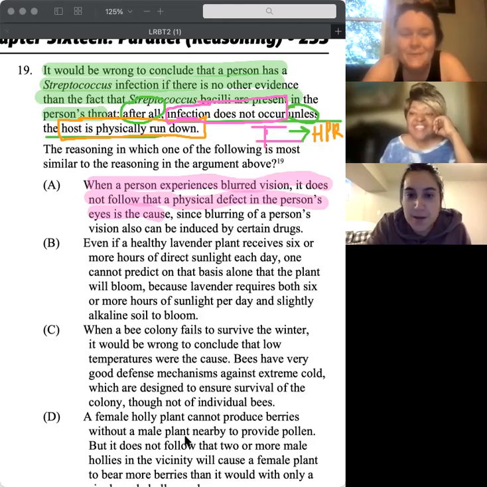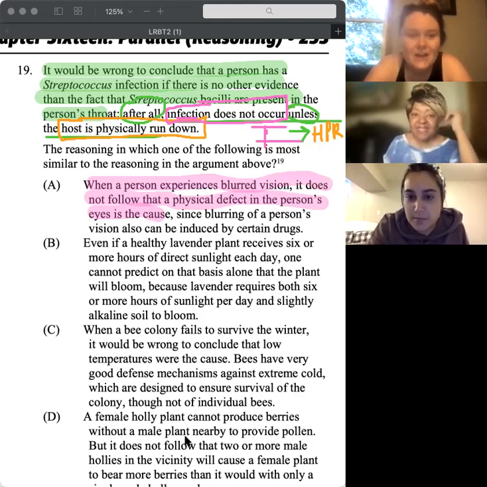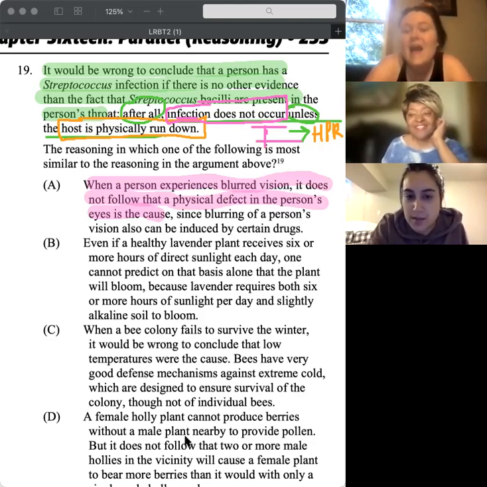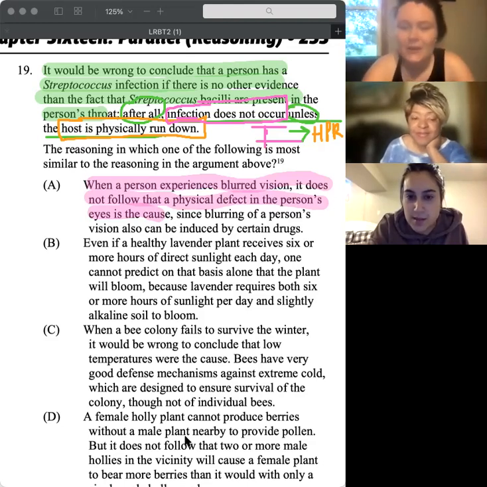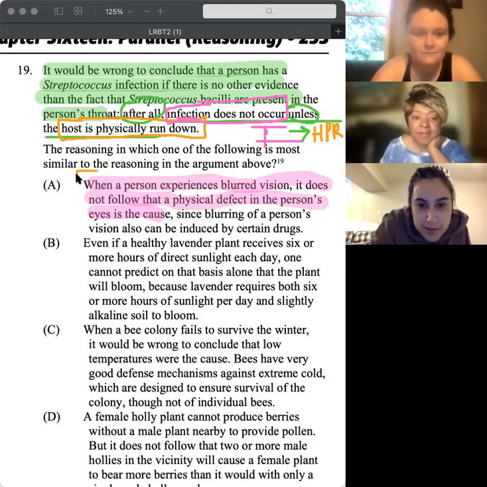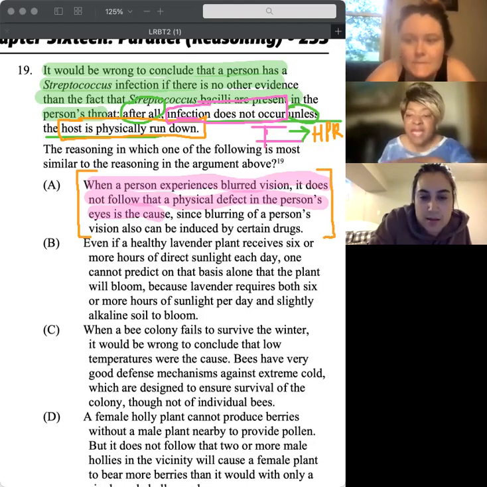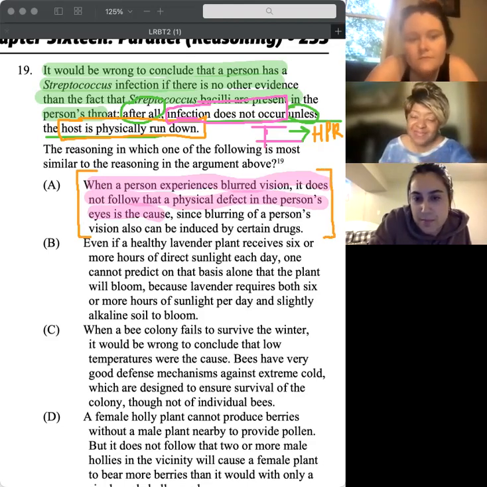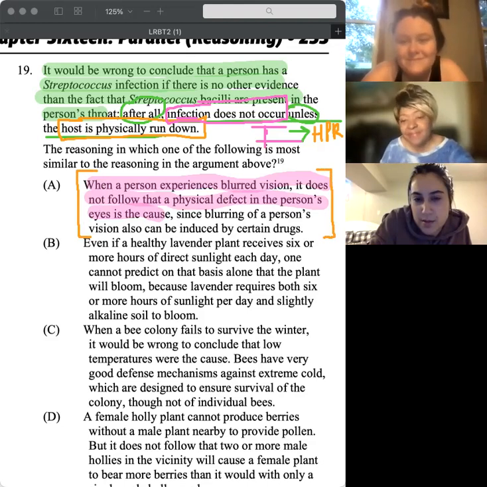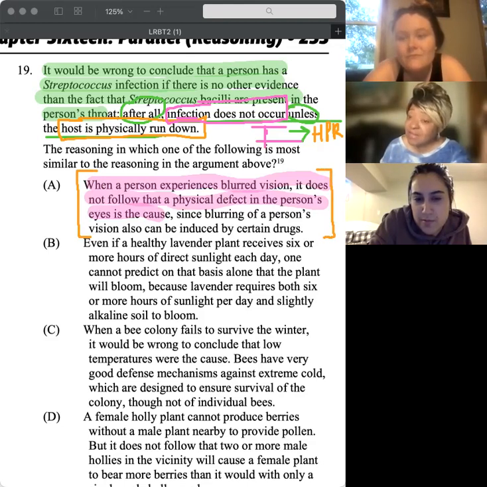How could we make this answer choice better? A person wouldn't have blurred vision unless they took certain drugs. I know it's not right, but that would give a necessary condition.